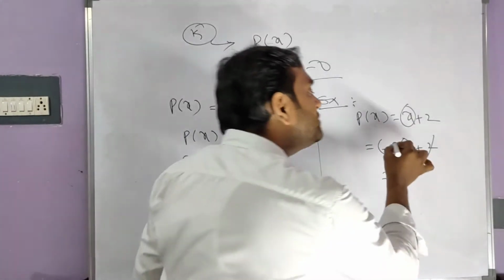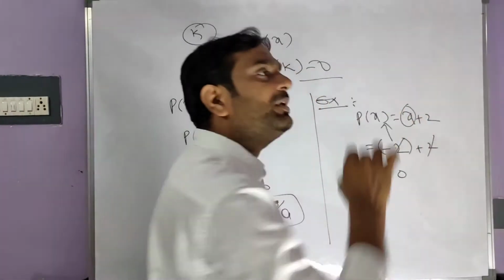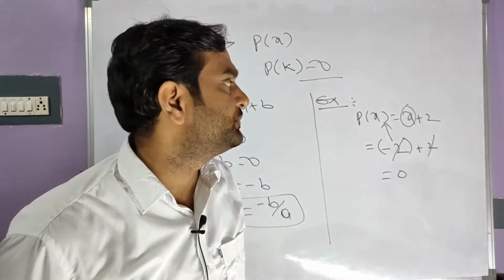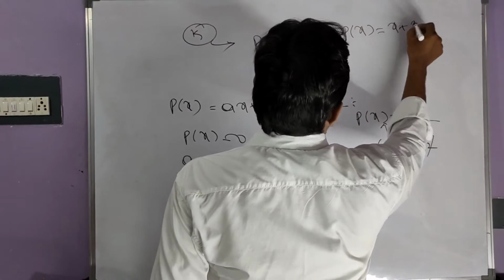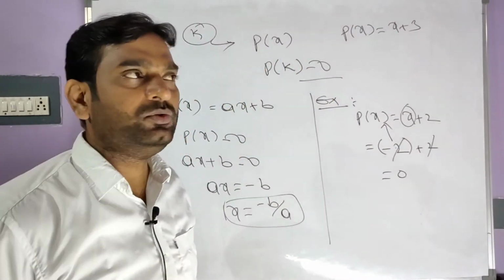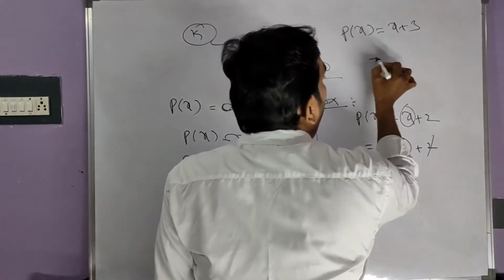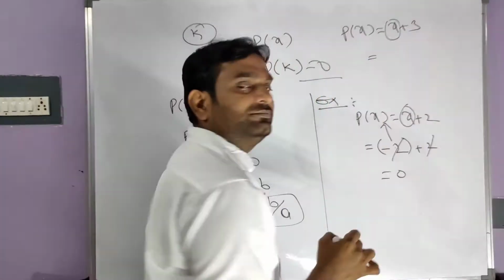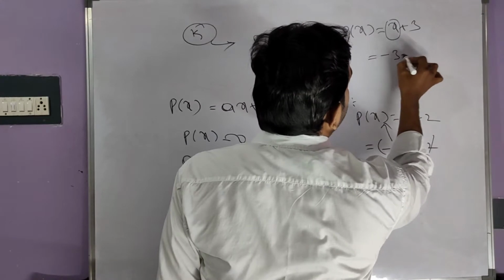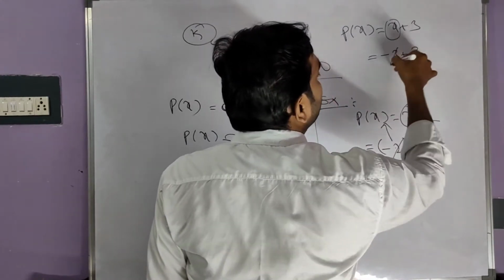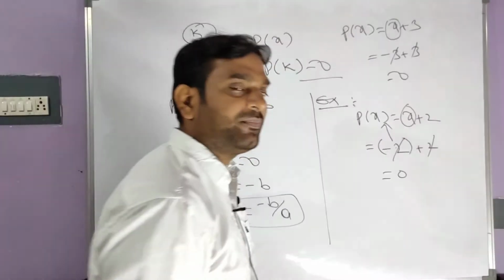Then minus 2 is the zero of the given polynomial x plus 2. If you are given p of x equal to x plus 3, for what value of x is the polynomial equal to 0? If x is minus 3, then both get cancelled, 0.